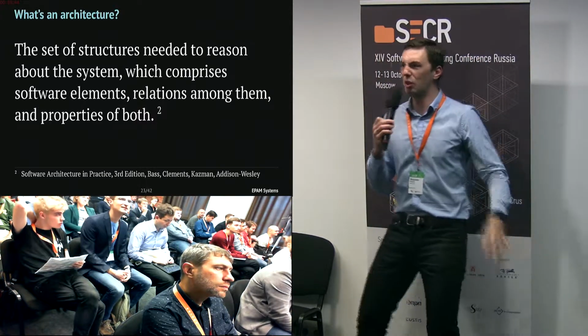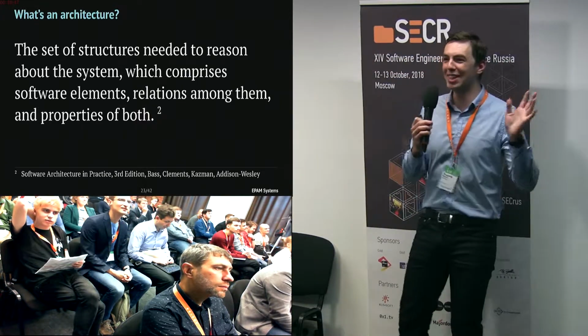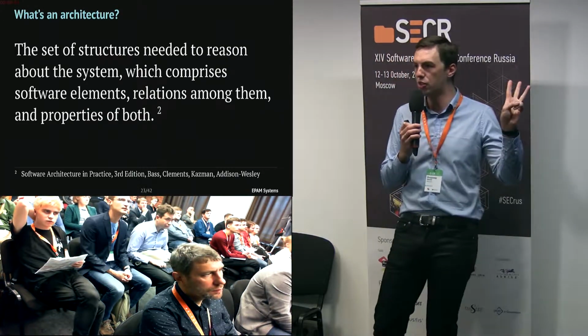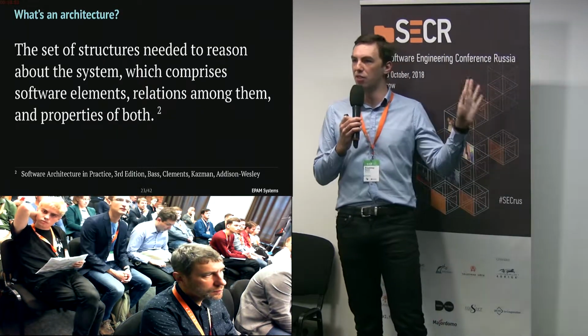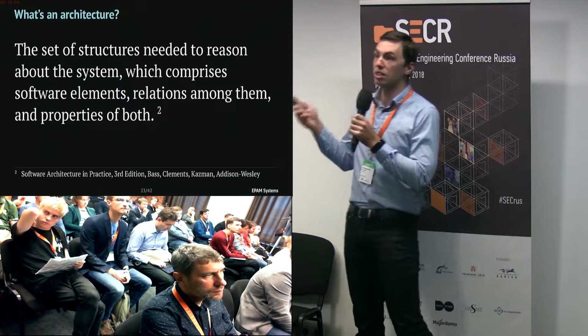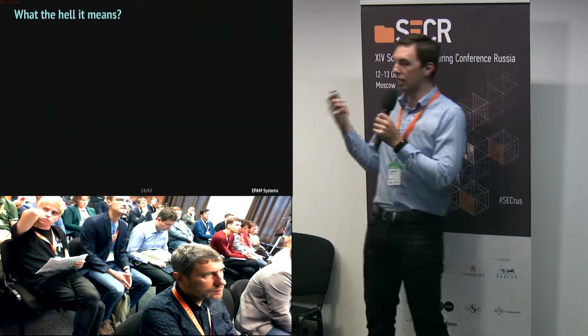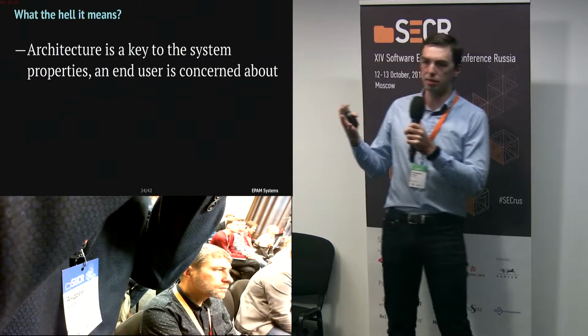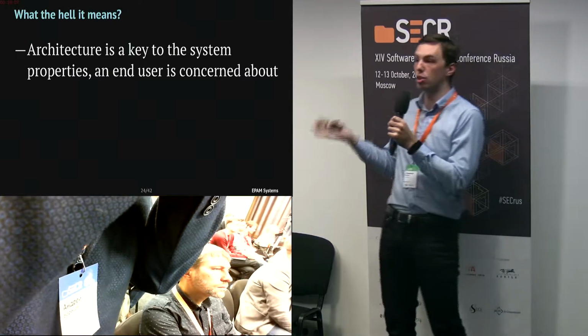I don't. Well, actually, I do. But from the first sight, you don't understand anything. And there are like 3 pages in this book that explain that this definition is really correct compared to other definitions and so on. But now we can understand that architecture is a key to the system properties which the end user is concerned about.